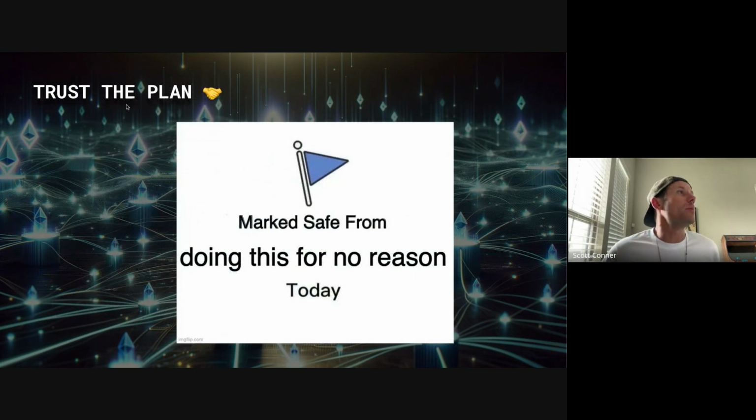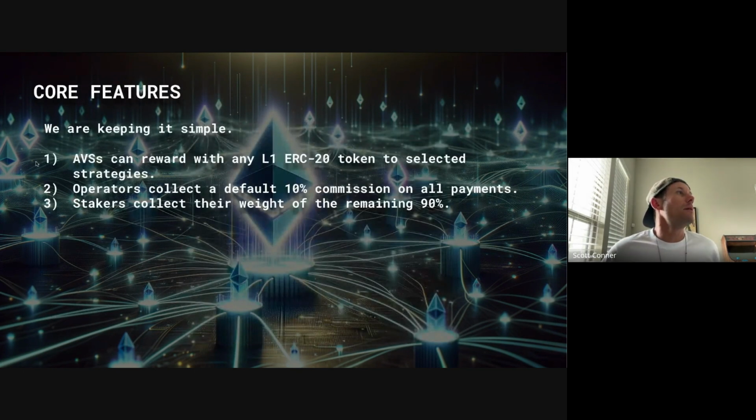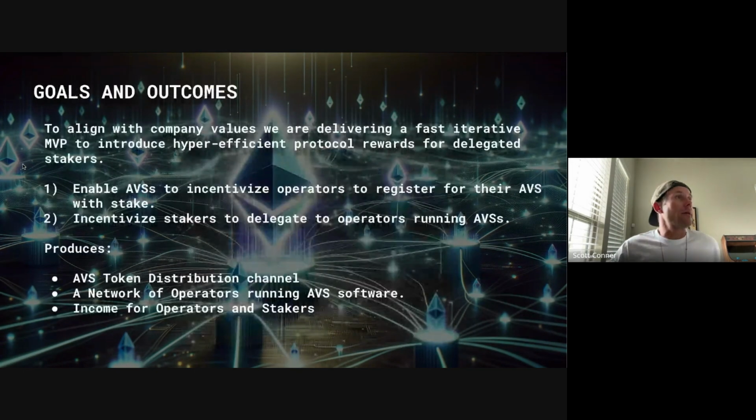Oops. Can I go back? Nope, that's that. There we go. And so this will produce a token distribution channel. You can consider these rewards mechanisms as a way to distribute to both operators and stakers of your networks.